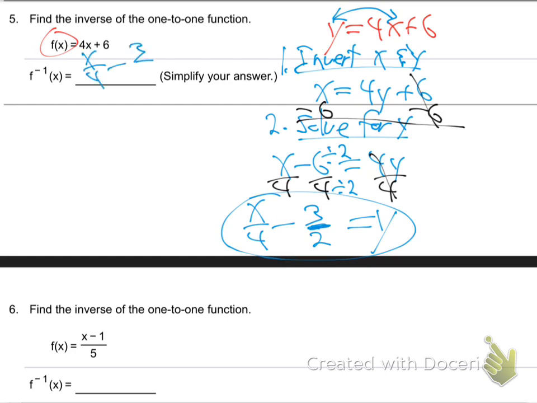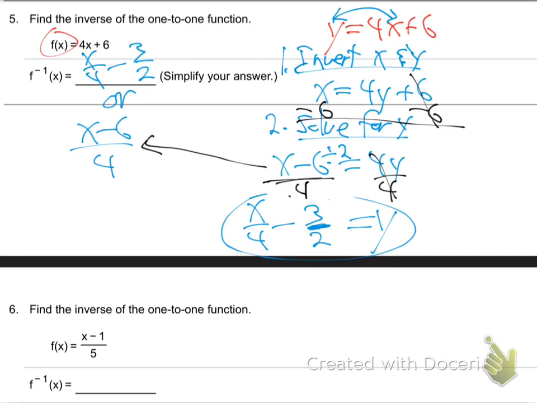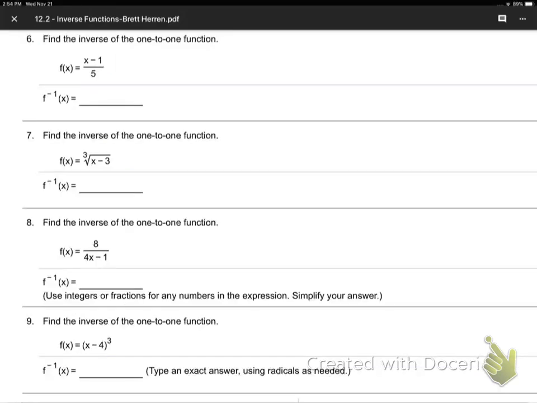Or you could have just written x minus 6 all over 4. If you wanted to, you could do one big bar, one big 4, and that would give that answer. Or you could do a 4 under each one separately and then reduce this fraction. Either way, this is good. Math Excel knows they're both right. My Math Lab knows they're both right. It'll take them both.